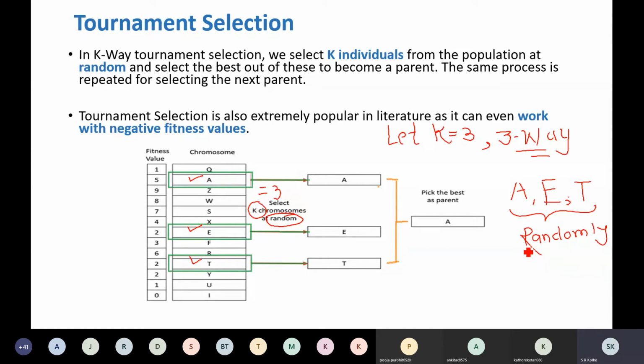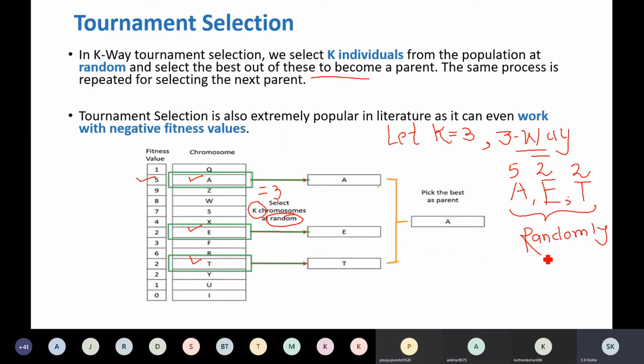Then we select the best out of these to become the parent. A's fitness value is 5, E has fitness value 2 and T has fitness value again 2. So which one is more fit? Which one is best among these 3?